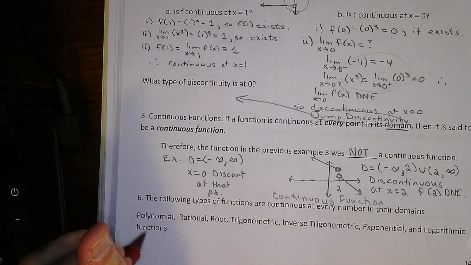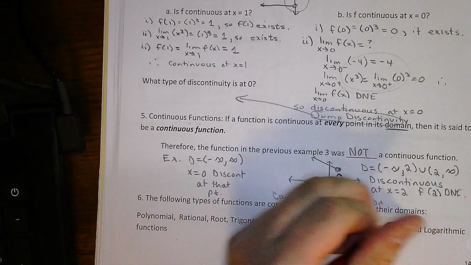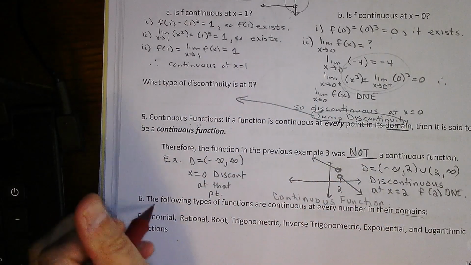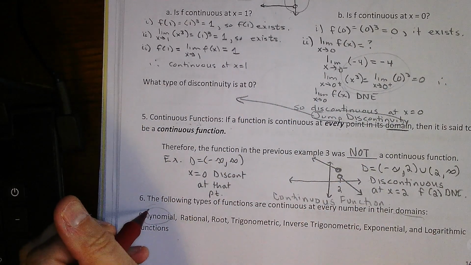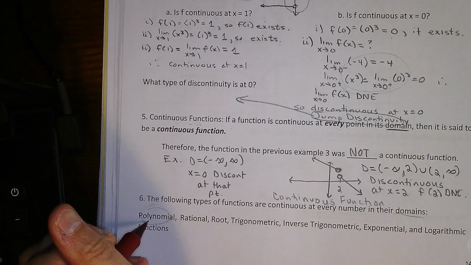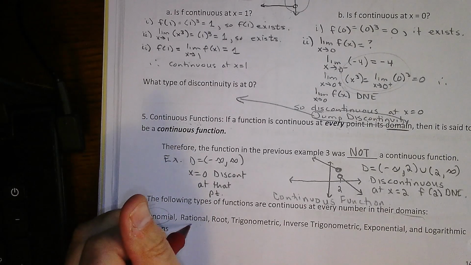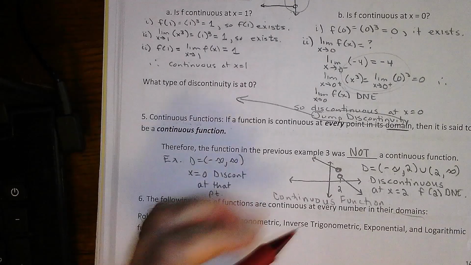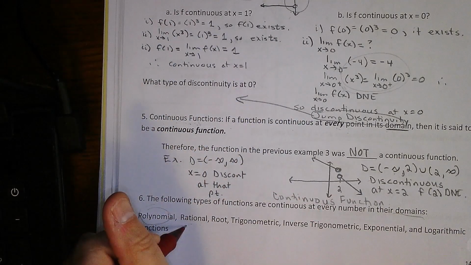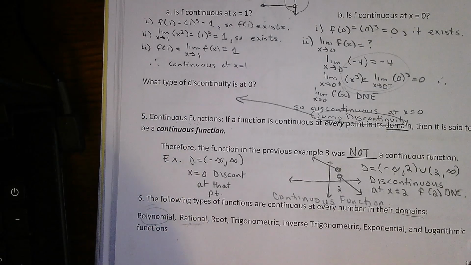Okay, so the next thing: the following types of functions are continuous at every number in their domain. Polynomial functions have a domain of all real numbers, so they're always continuous. Sometimes rational functions have a domain where you're having to skip over a number, but because we're skipping over the problem, rational functions are continuous.